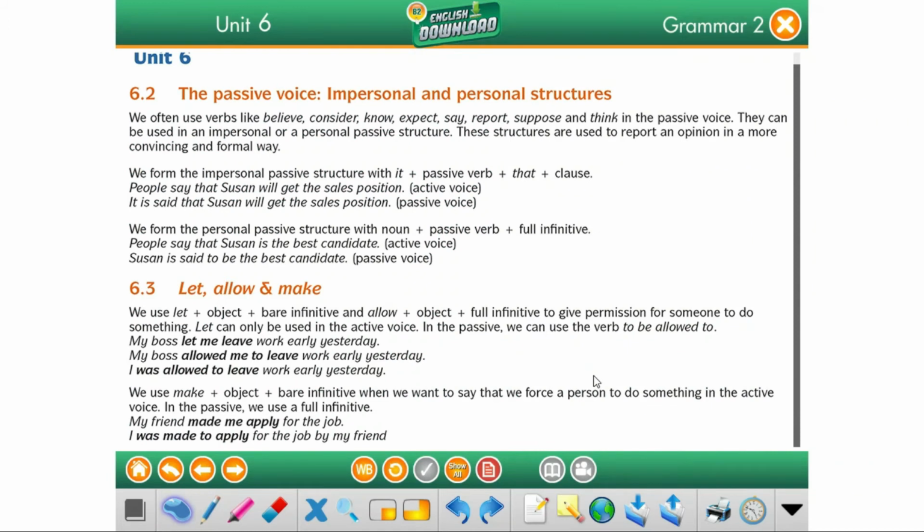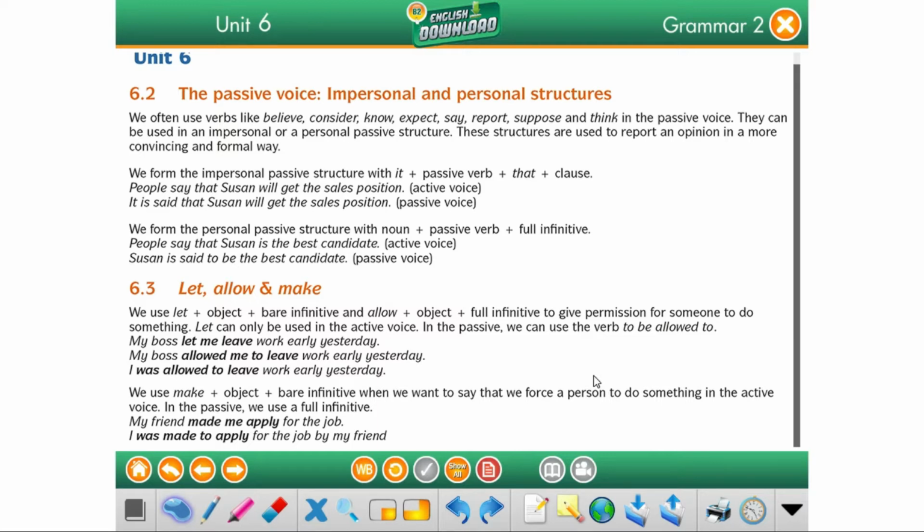Today we're going to learn about the passive voice, the impersonal and personal structures. But before I explain the grammar structure, I'm going to tell you what an impersonal and a personal structure are when talking about passive voice.